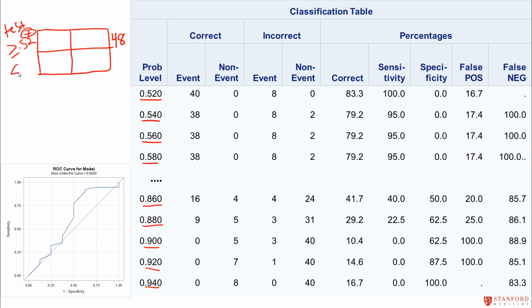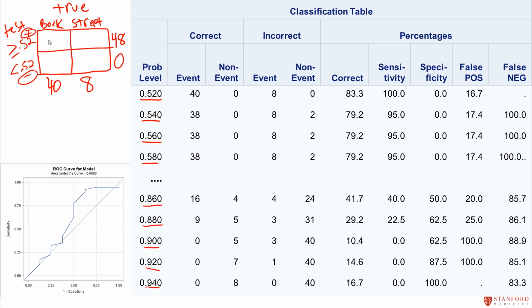You're classified as street smart if you're below 0.52 on this cutoff, which means nobody is classified as street smart to start. We can then compare that to the true value for book smart or street smart. In my data set, out of 48, there were 40 book smart people and 8 street smart people.